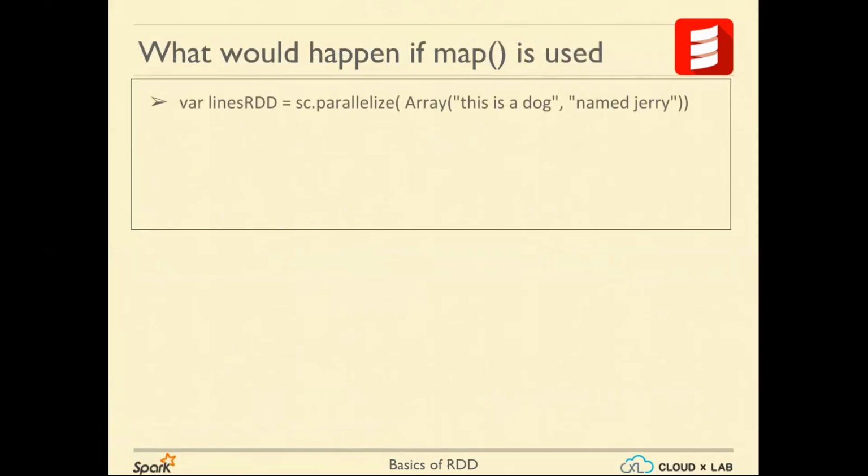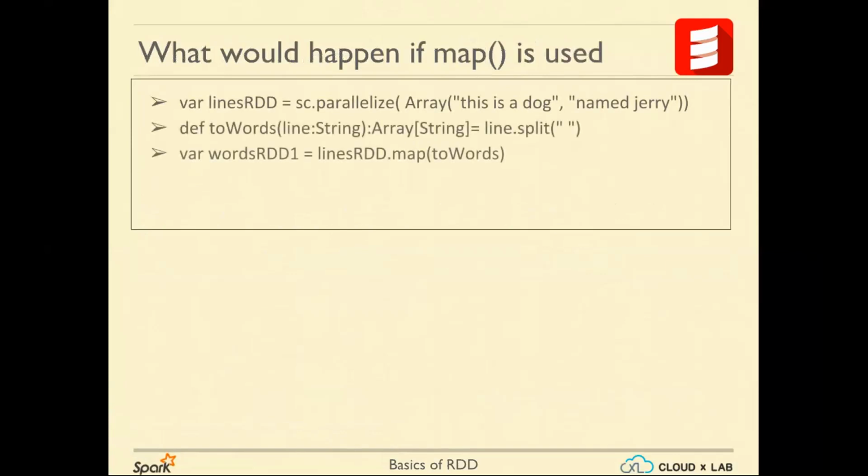Okay. So let's take a look at this. Lines RDD dot parallelize, let's create this, then we define two words, then we call this function, and then we say words RDD dot collect. So we will get this.